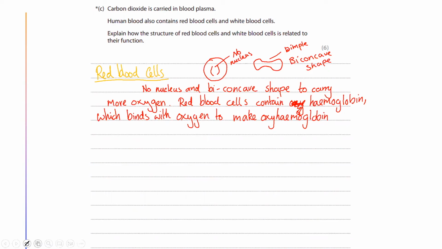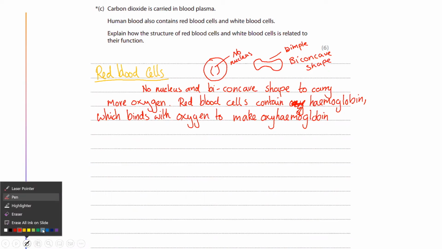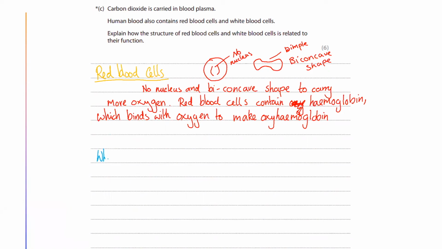So we've got white blood cells. We've got two different types of white blood cells. We've got the phagocytes and we have the lymphocytes.